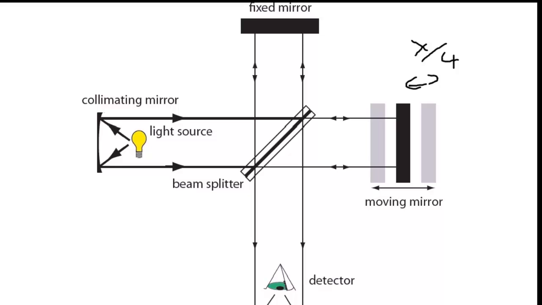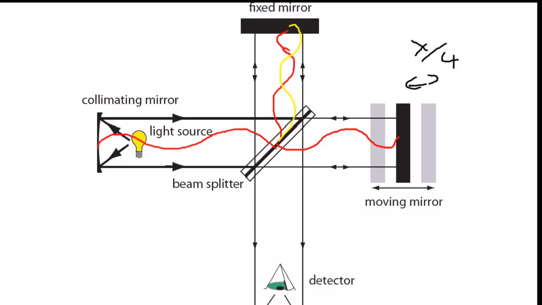Now our wave is again going to strike the beam splitter, half is transmitted, half is reflected, but now it's gone an extra quarter of a wavelength to get to the moving mirror compared to the fixed mirror. So when they're reflected, they're actually going to be out of phase.